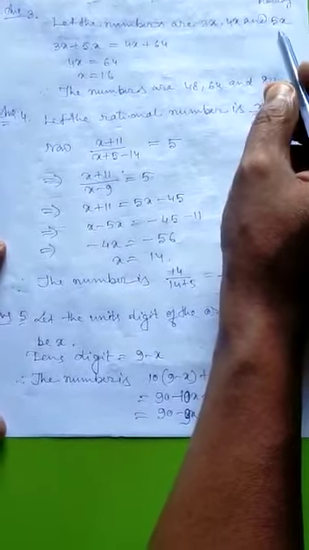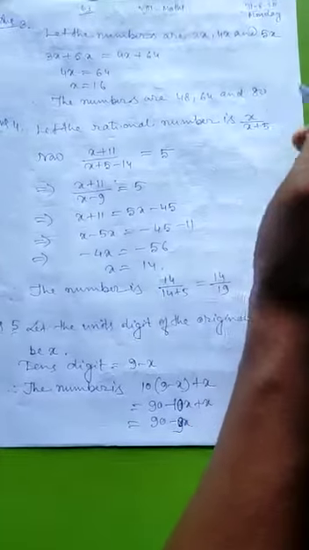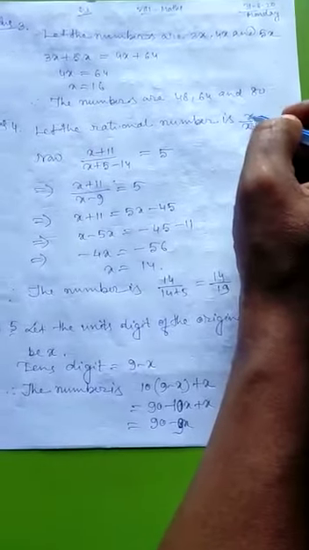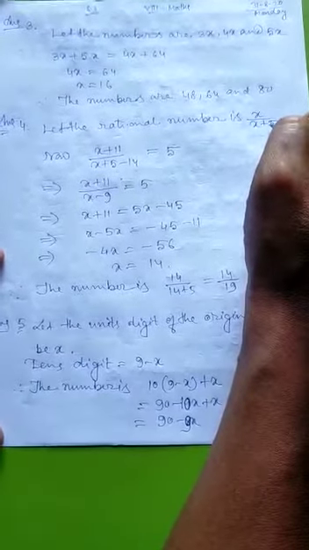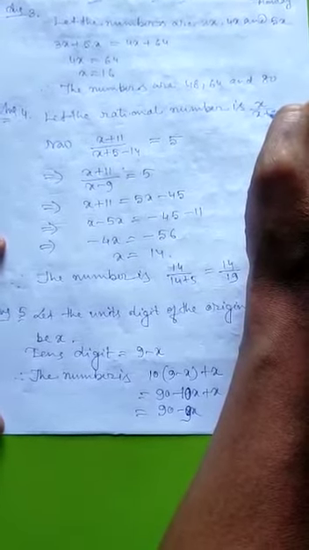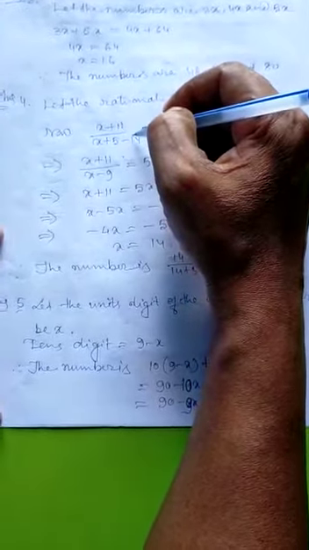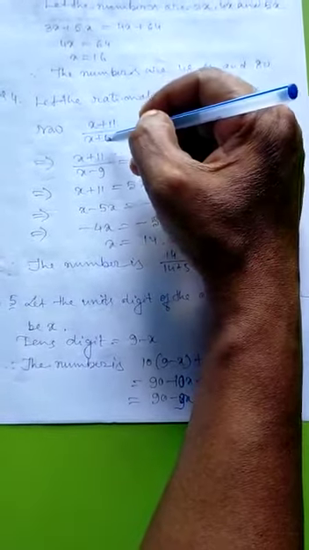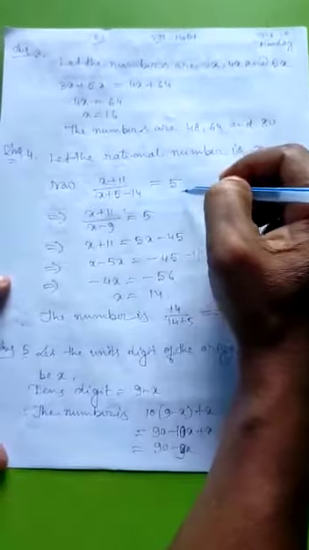Next one, the fractional number. Here it is told that a rational number has numerator x and denominator x plus 5. Now if we add 11 to the numerator and subtract 14 from the denominator, it will become 5. This is the condition.